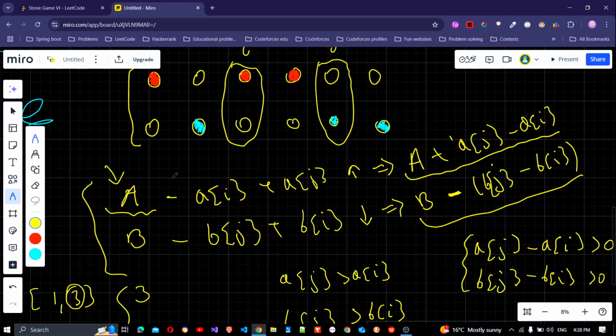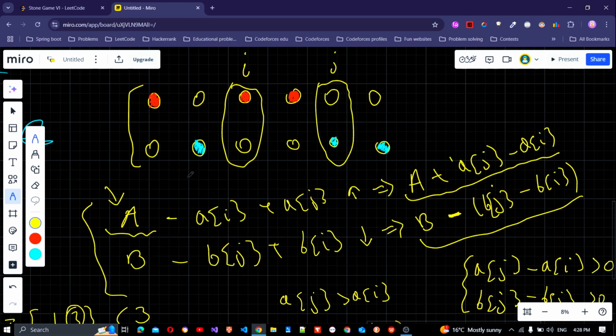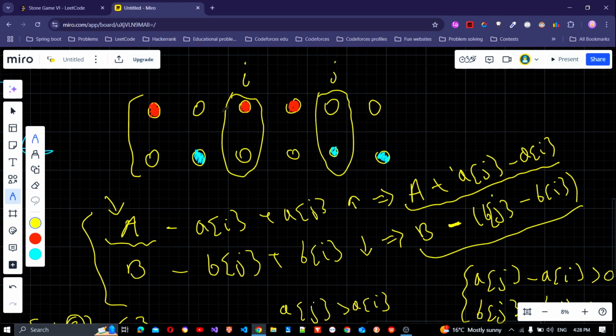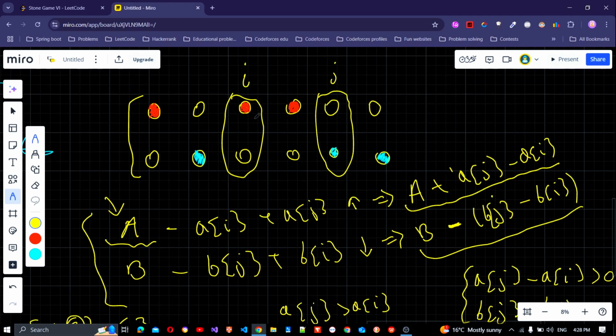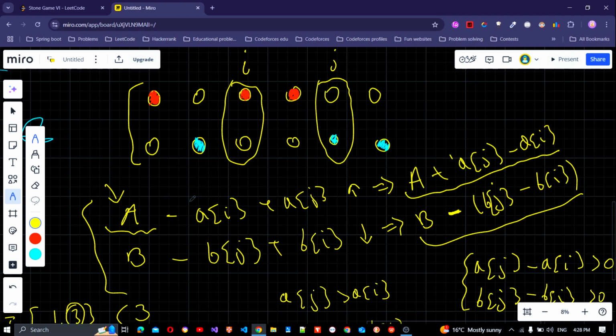Then we said that there could be a stone that has been taken by Bob that can be swapped with a stone that has been taken by Alice. So we did that here. Alice will leave the stone I, so that's why we subtracted AI from her score and added AJ. And Bob will leave the stone J, that's why we subtracted BJ and added BI.